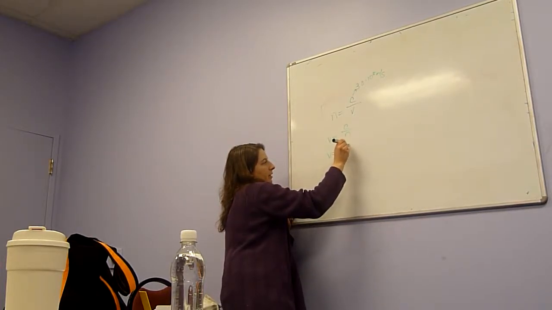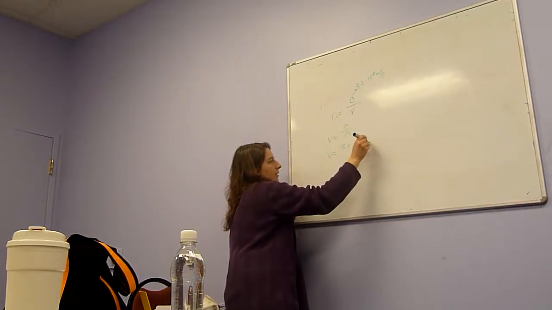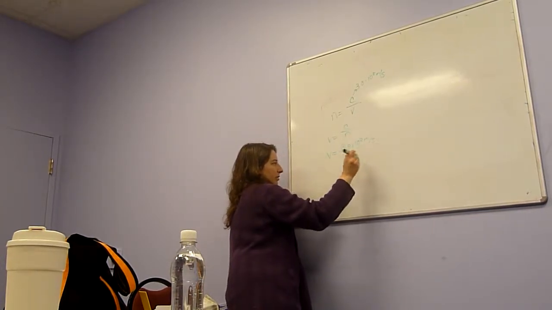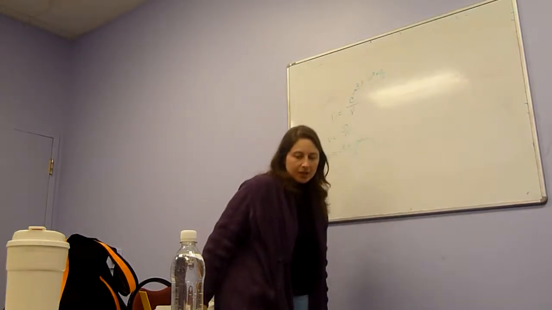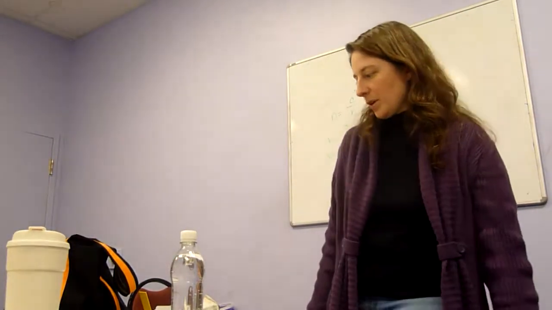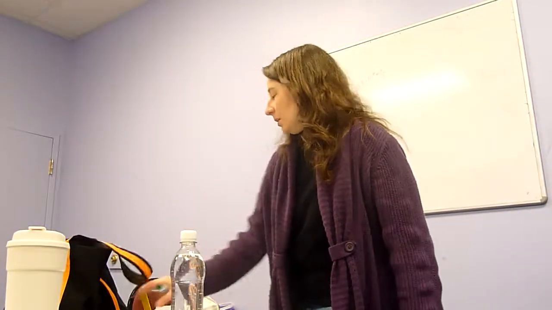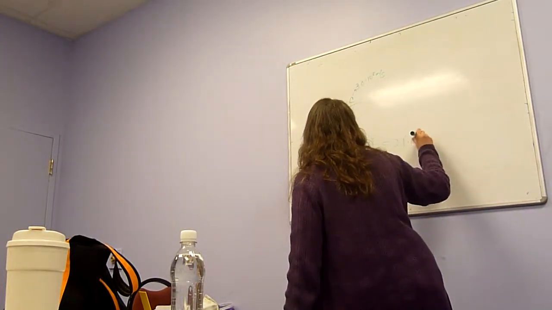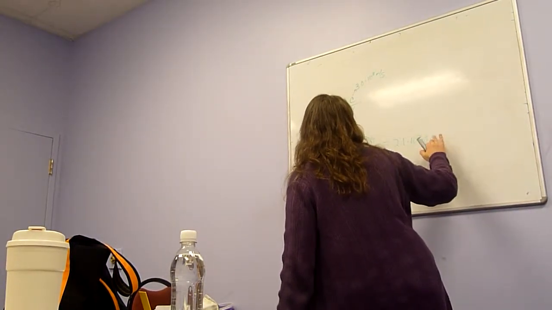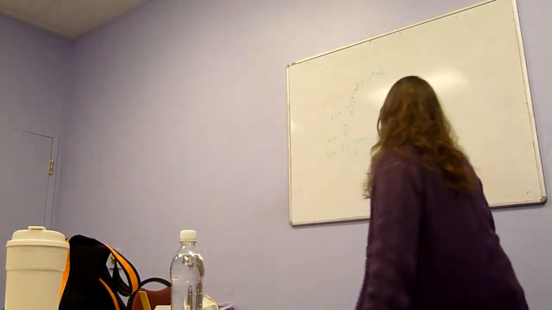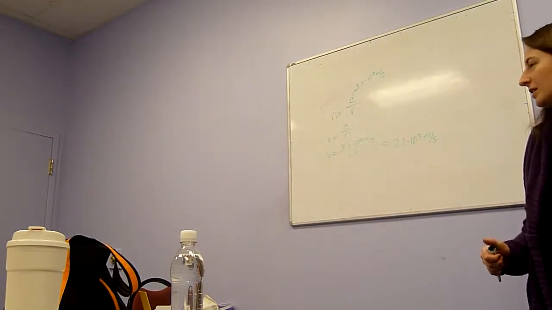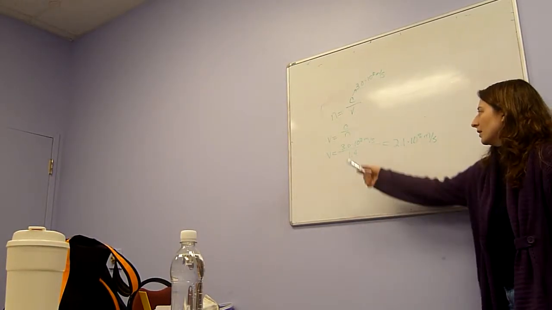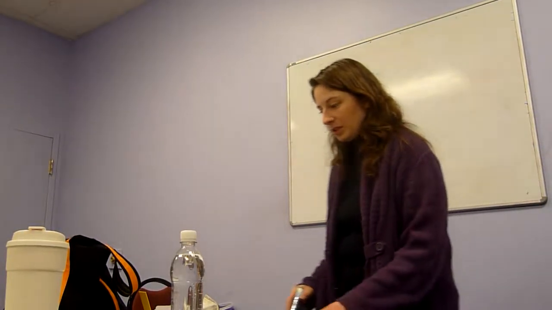So 3.0 times 10 to the 8th divided by the index of refraction gives you the actual velocity of light in alcohol, which is what? 2.1 times 10 to the 8 meters per second, I hope. So light significantly slows down in ethyl alcohol, but we're also using not nearly enough significant digits for the speed of light.